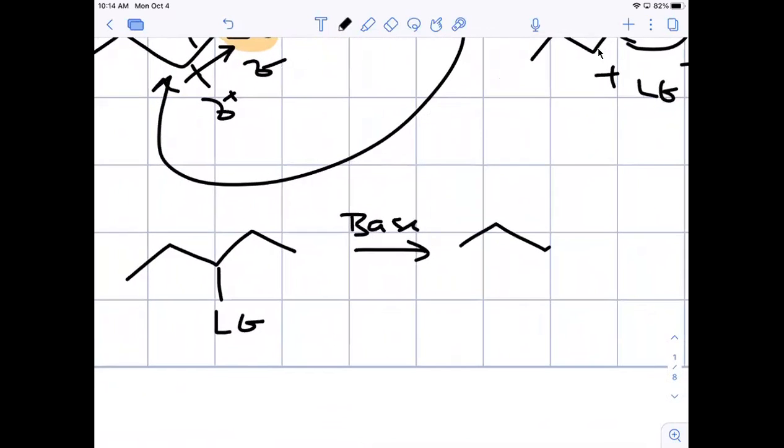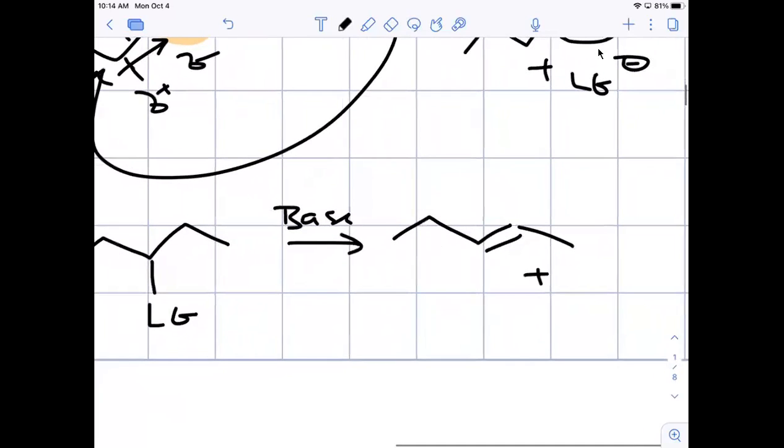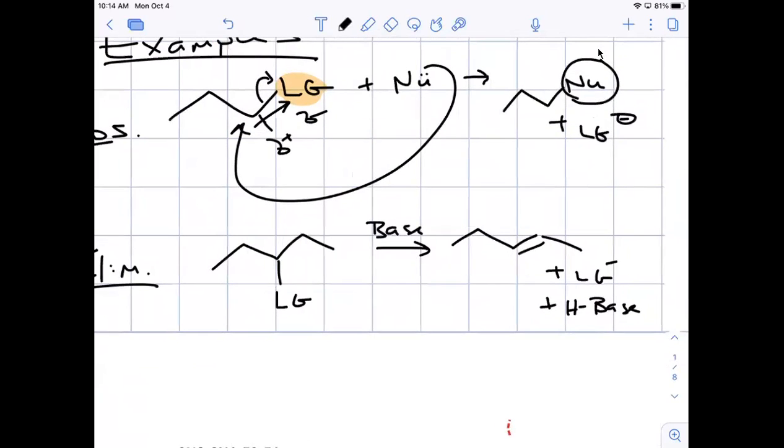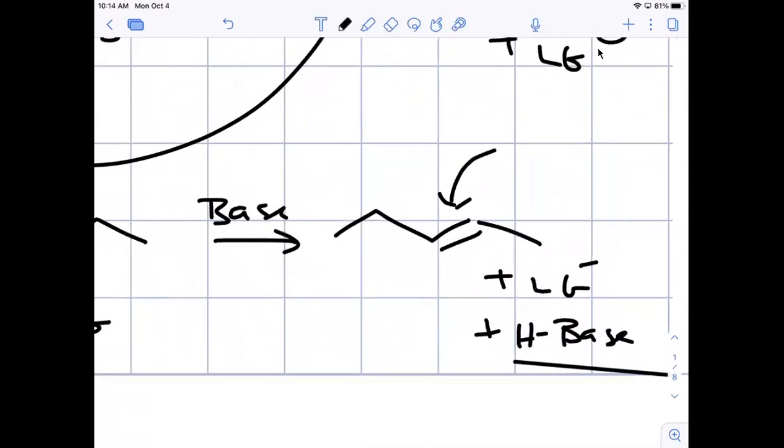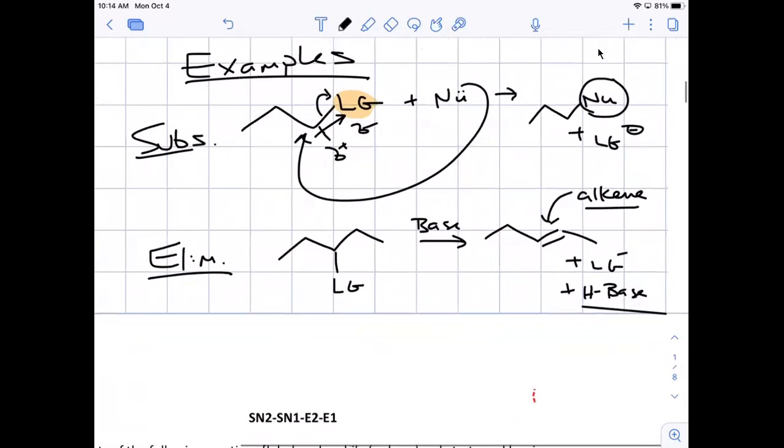What we're going to end up with is the loss of a leaving group, the conjugate acid of the base, and an alkene in the product. Because every time you do an elimination, the major product is going to be a pi bond formed somewhere, whether it's a carbonyl pi bond or a carbon-carbon pi bond, doesn't matter.